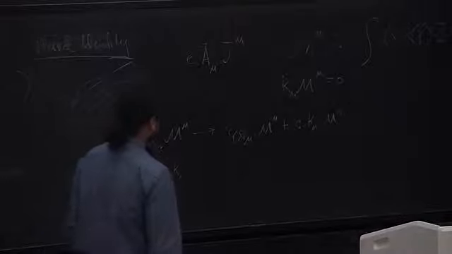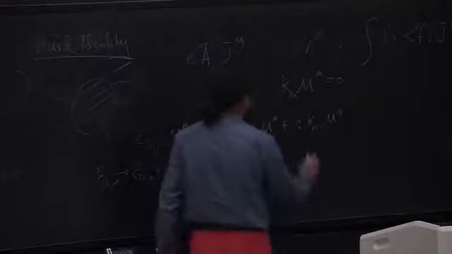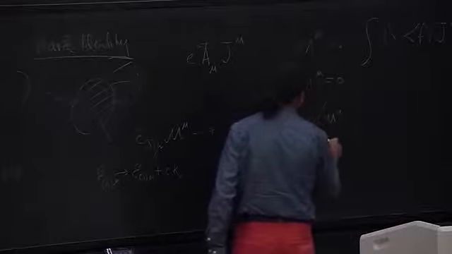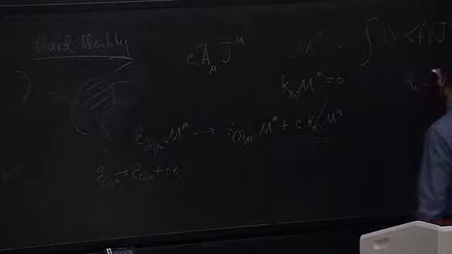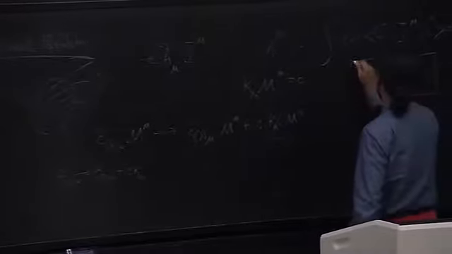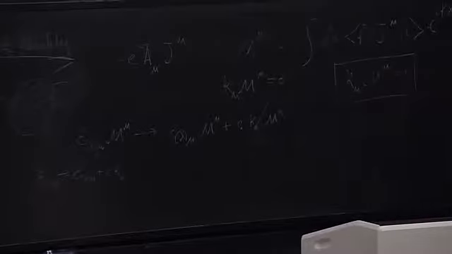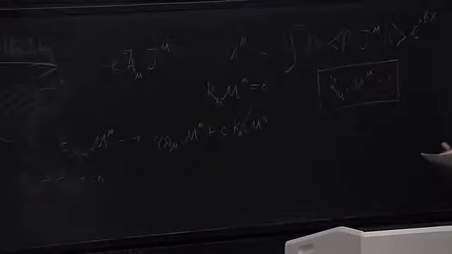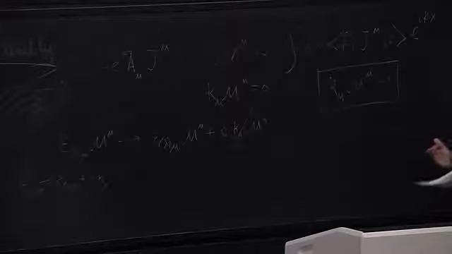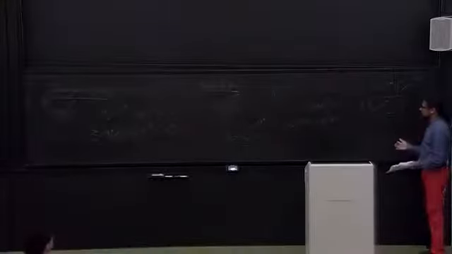So for this to be a gauge invariant result, it must be true that this thing vanishes. In other words, this has to be true. So it's a statement of gauge invariance at the level of the matrix elements, and that is what is called the Ward identity.